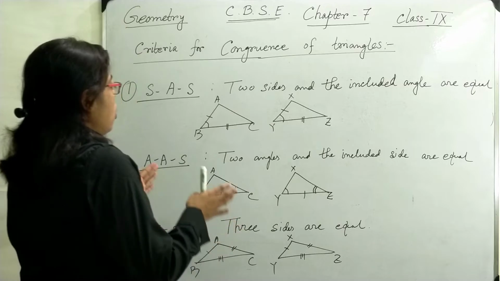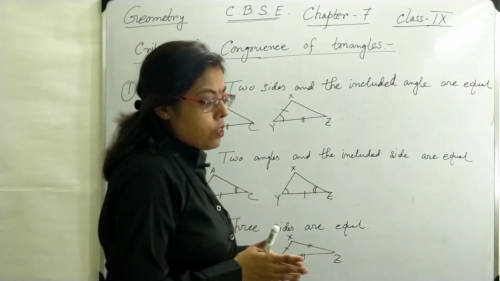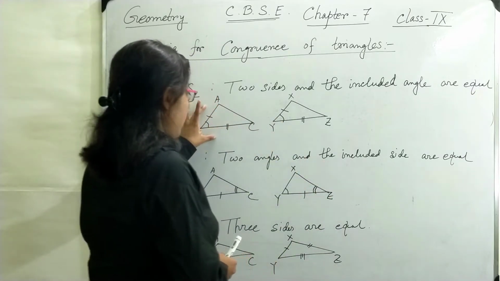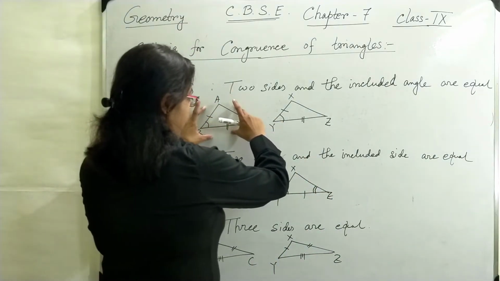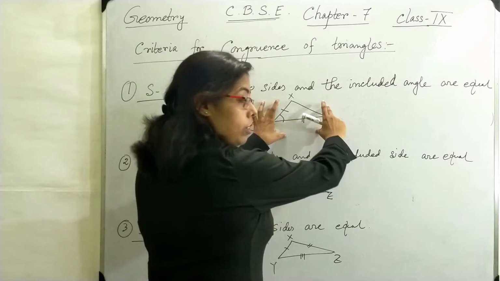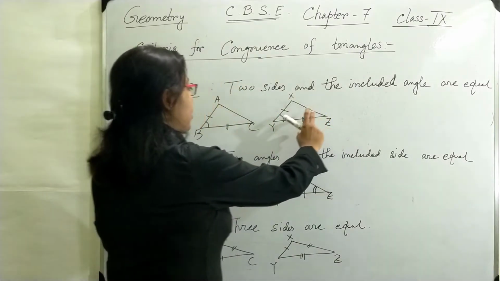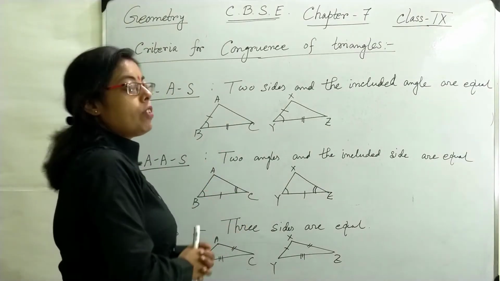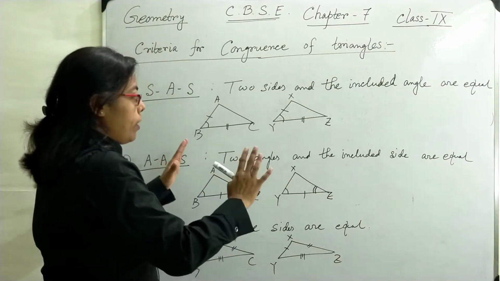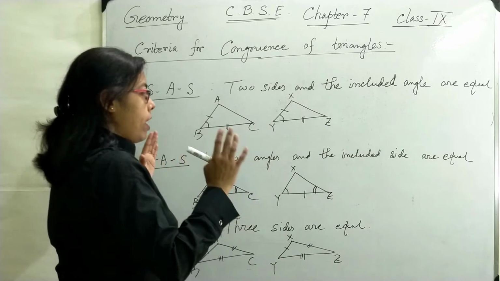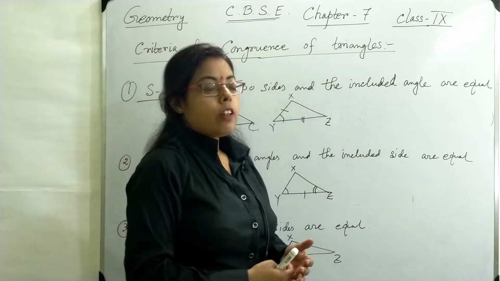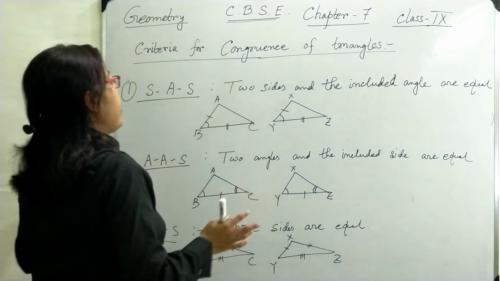When 2 triangles are congruent, if you take this triangle and place it on the other triangle, it will be the same diagram. They will overlap each other in equal dimension. All the 3 angles will be equal, all the 3 sides will be equal. This is the congruency property of triangles.